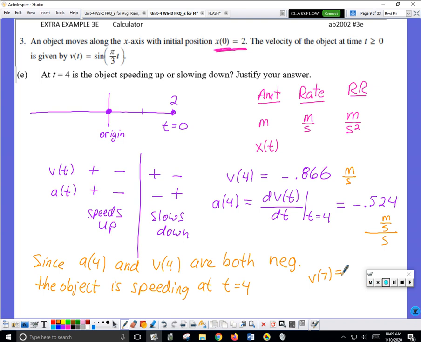We're saying at time equals 4, the velocity is negative 0.866 meters per second. Over the next 3 seconds, the acceleration, which is how much the velocity is going to change, is negative 0.524 meters per second every second. So talk to each other and raise your hand when you're ready to tell me what the velocity will be at time 7, if that's all true. Go.